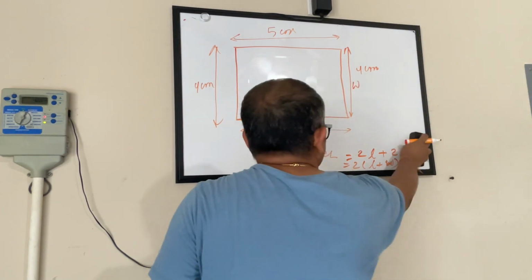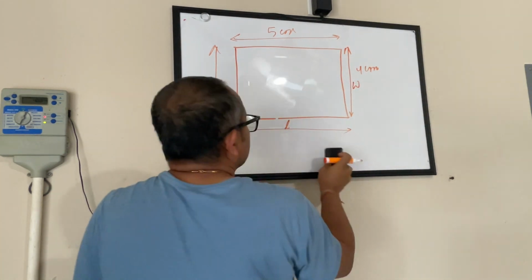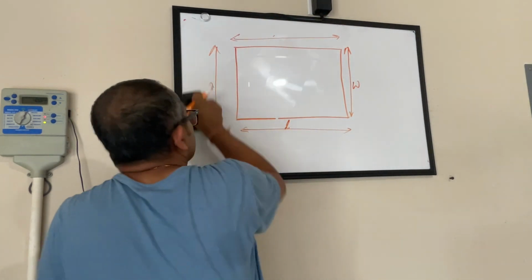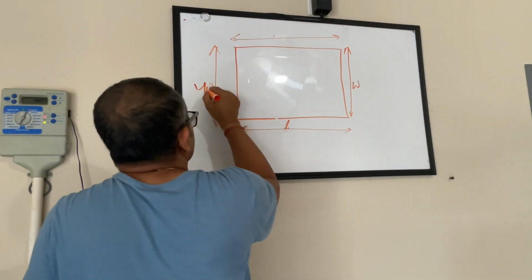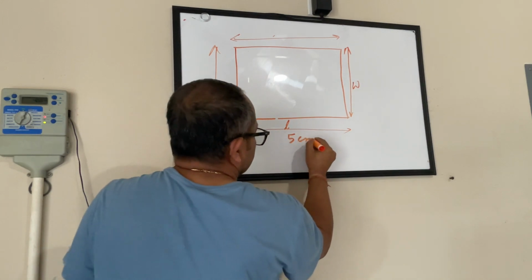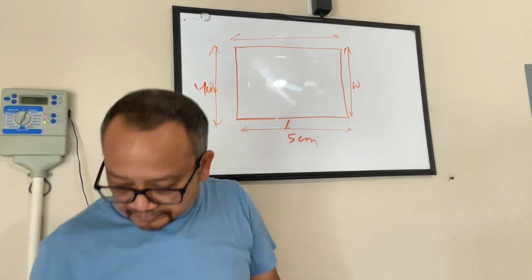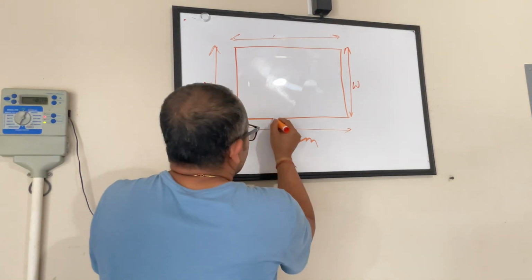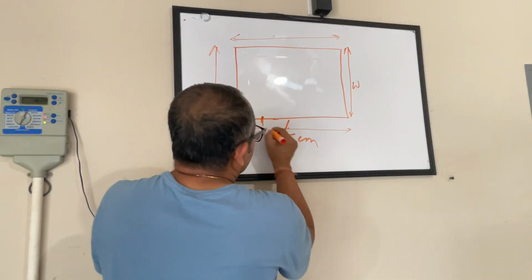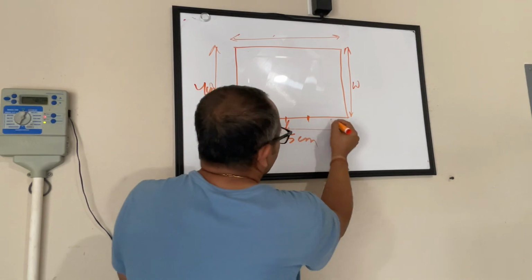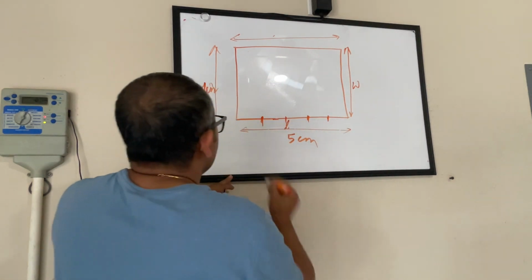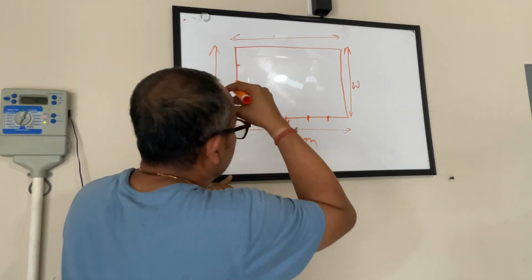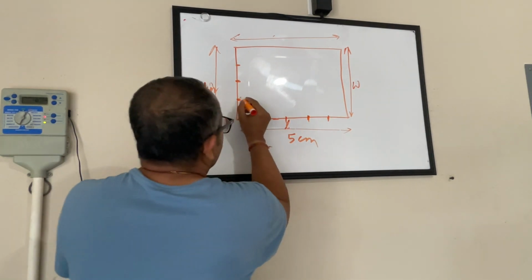Now let's come to the area of it. Now we are trying to find out the area of this. This is 5 centimeter: 1, 2, 3, 4, 5. And 1, 2, 3, 4. Now let's look at this.